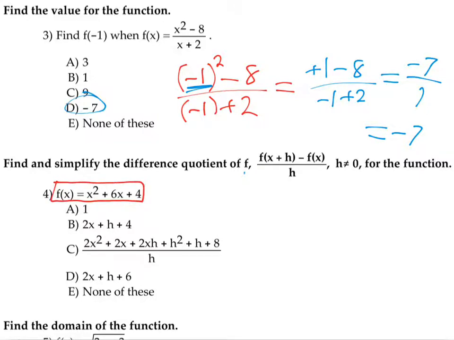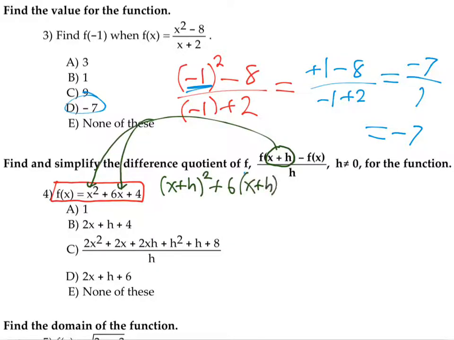So what is f of x plus h? Whatever's in the parentheses, you're going to plug into the toaster in both the x's. Remember, the x in a function is the holes in a toaster. It's where you plug the stuff in. So it'll become x plus h squared plus 6 times x plus h plus 4.